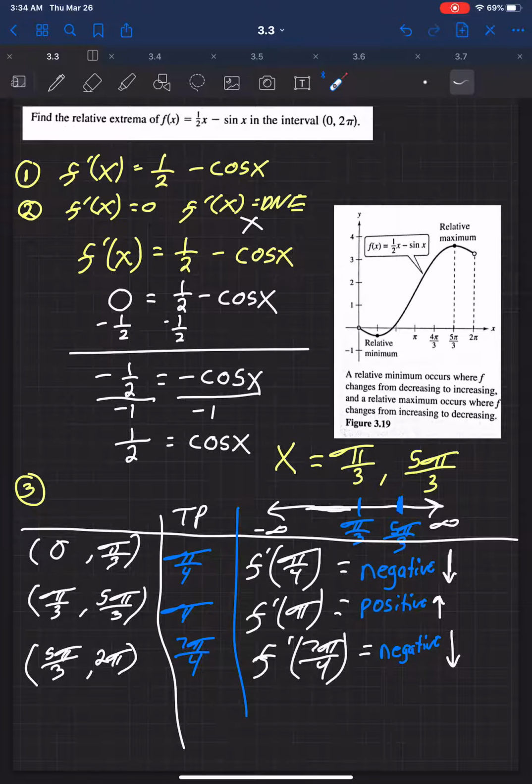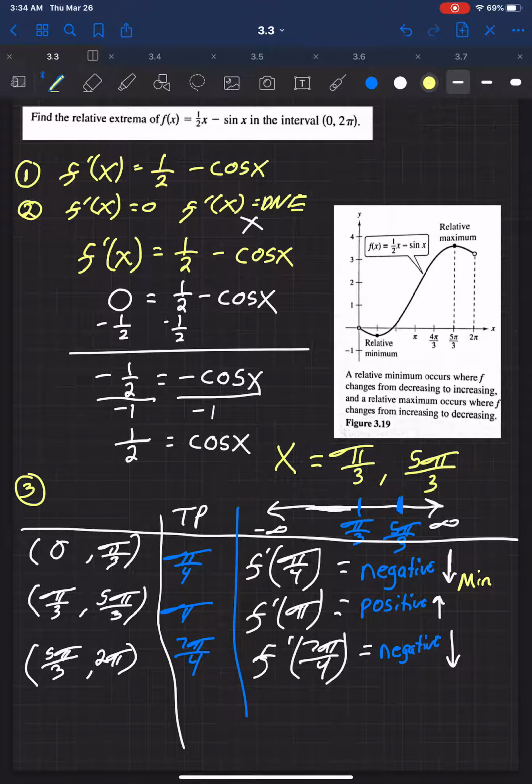But as soon as you got to pi over 3, what happened? Well, you then started to walk uphill. You started to increase. So you went from decreasing to increasing. So how are you going to go from decreasing to increasing without what? Without having a minimum value, a relative minimum somewhere in there.